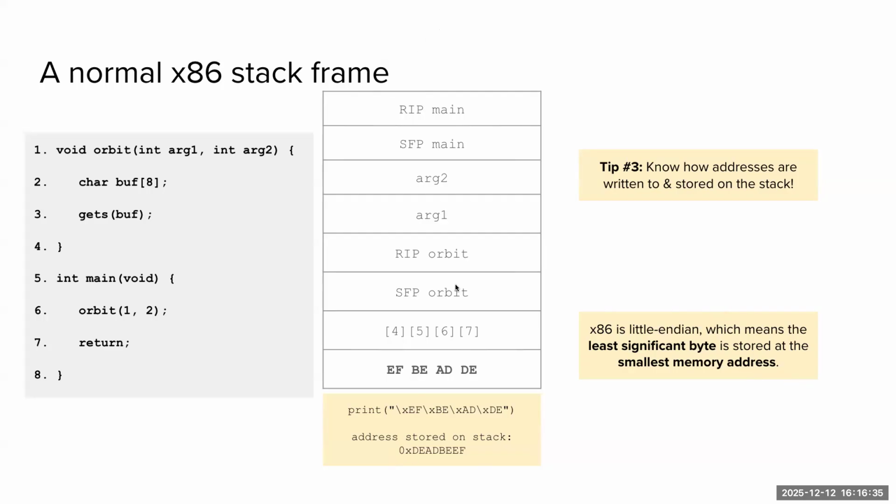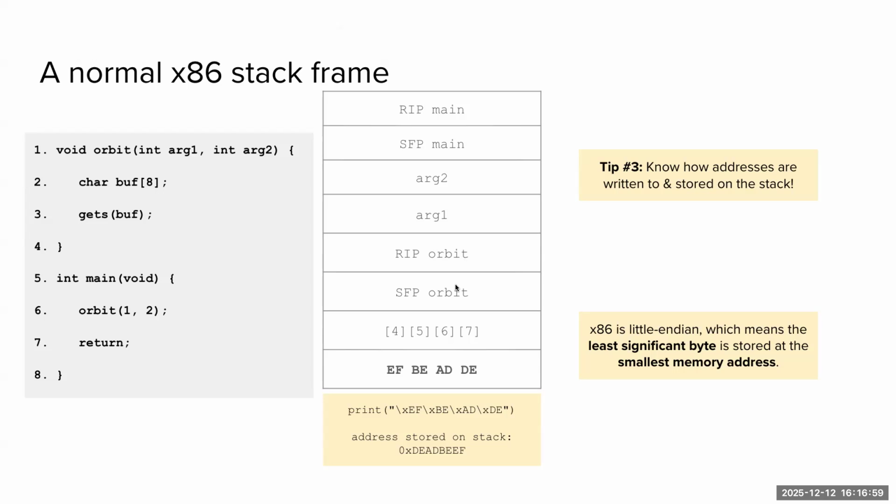Okay, so the first thing that goes on our stack frame is the RIP and the SFP. The RIP is the saved instruction pointer. We have some instruction pointer that's pointing to where the code is executing, that's EIP. Once we want to move to a different function, we store the previous function's instruction pointer in our RIP.